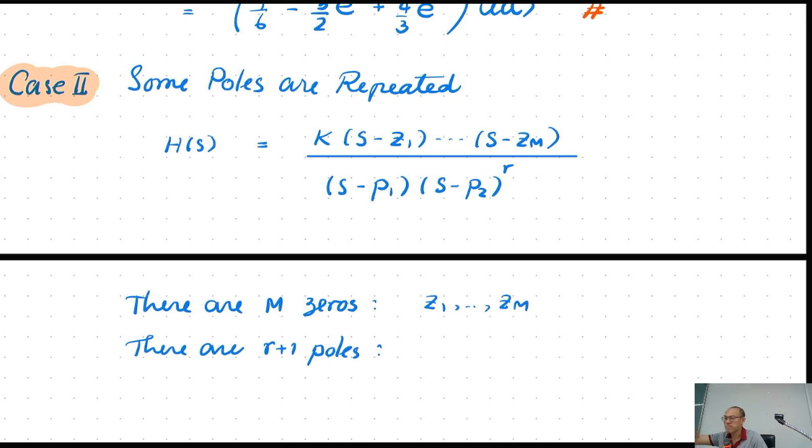The number of poles is determined by the number of terms here. There are r plus 1 terms, so there are r plus 1 poles. These r plus 1 poles are p1, p2, and then p2 again.